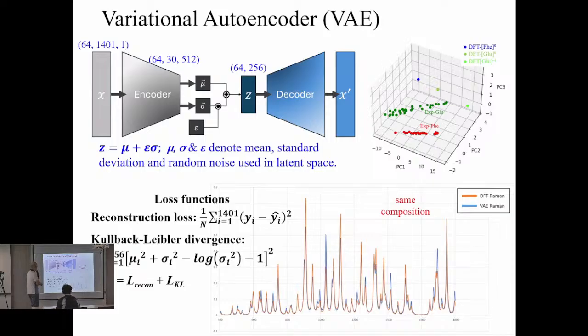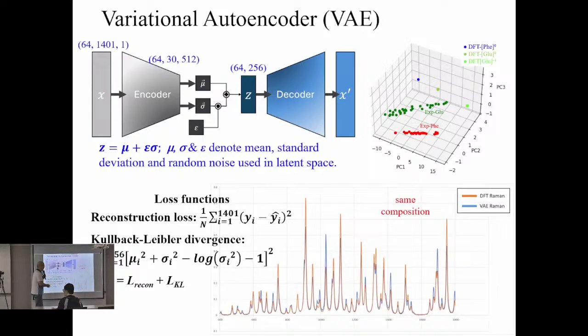One is this reconstruction function, and this term usually just means the difference between DFT and the experiment at certain frequency region. The other one is Kullback-Leibler divergence. That's how we control the distribution of the latent space, and we sum this together. That's a very typical VAE approach to build this neural net.